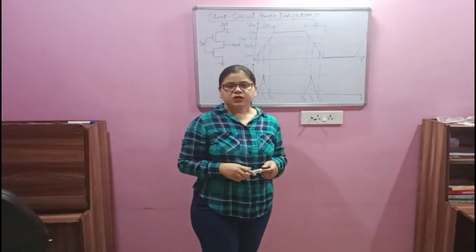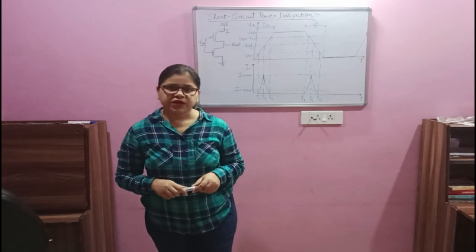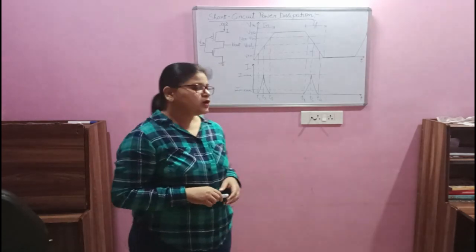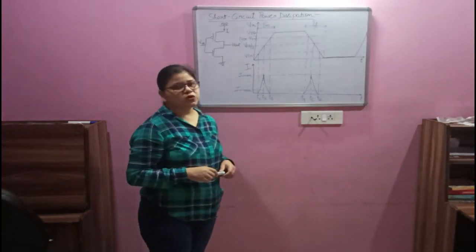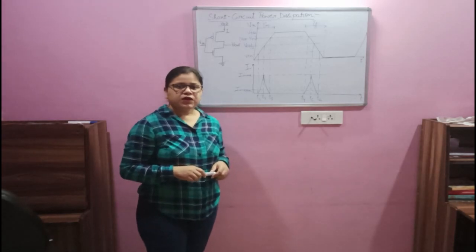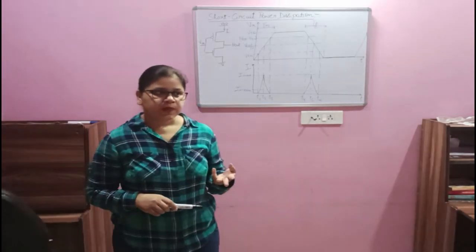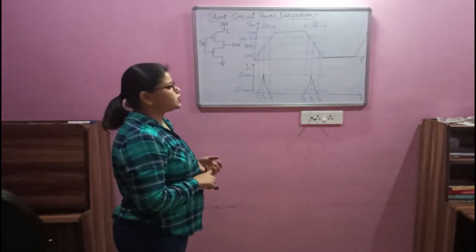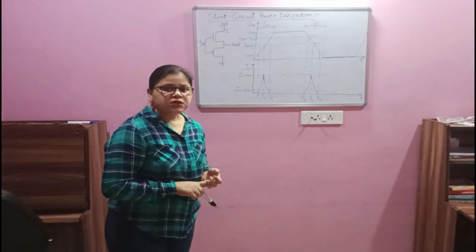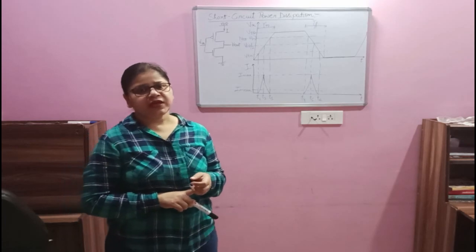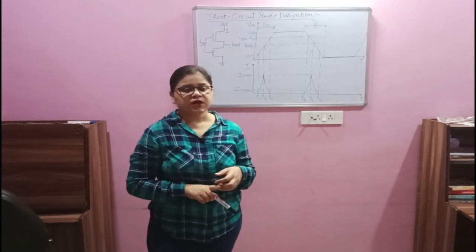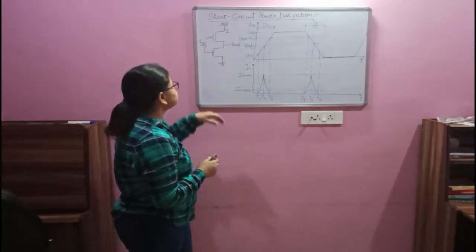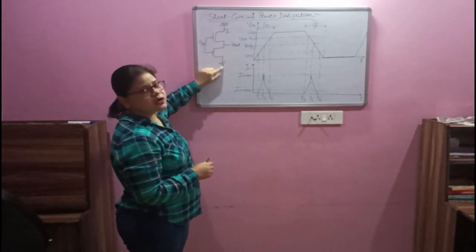So now after discussing the static power dissipation and dynamic power dissipation in the CMOS inverter circuit, we will now come to the third element of the power dissipation, that is known as short circuit power dissipation. Now this short circuit power dissipation takes place in the CMOS circuit when there is a direct path between VDD and ground.